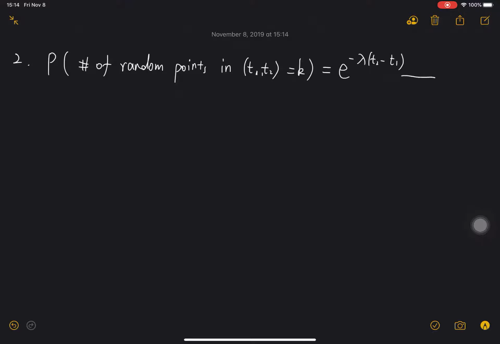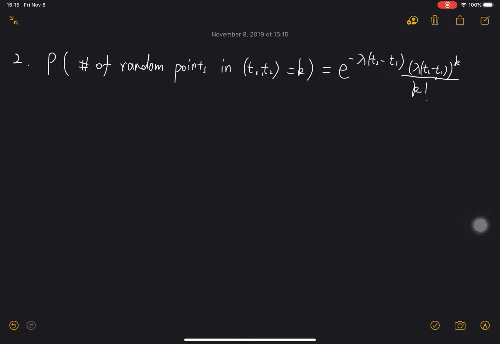So we have the probability of the number of random points in (T1, T2) equals k is e to the minus lambda (T2 minus T1), times lambda (T2 minus T1) to the k over k factorial. Right, so this is the definition of the probability of the Poisson process.